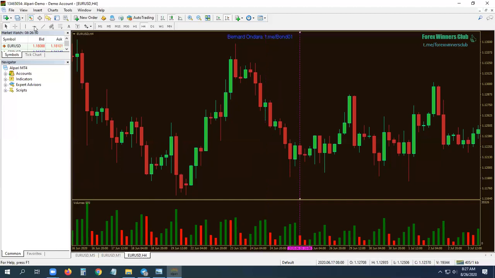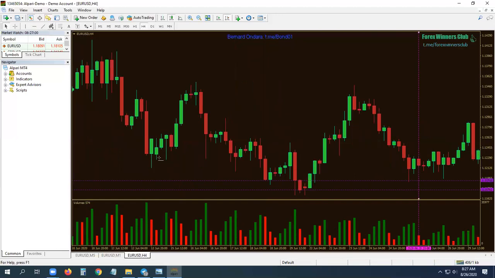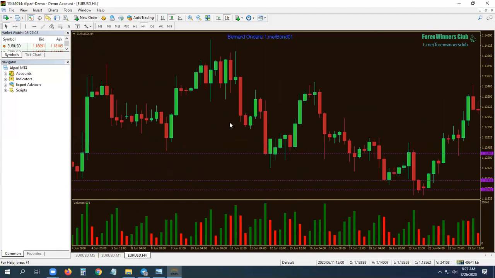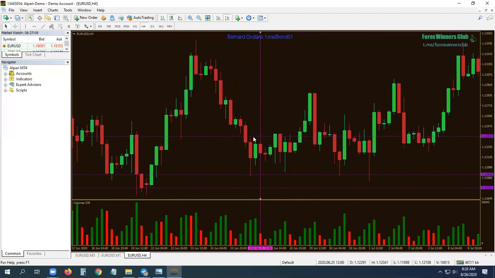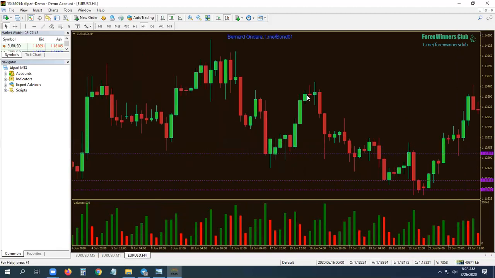Where is support? Support is somewhere here. If you take this one as your support, or you take the previous level as support, you might have several levels from the previous drawings. So you wait for the market to come to your support level, then you look for a signal here to buy. You don't take a trade just because you have seen that candle.